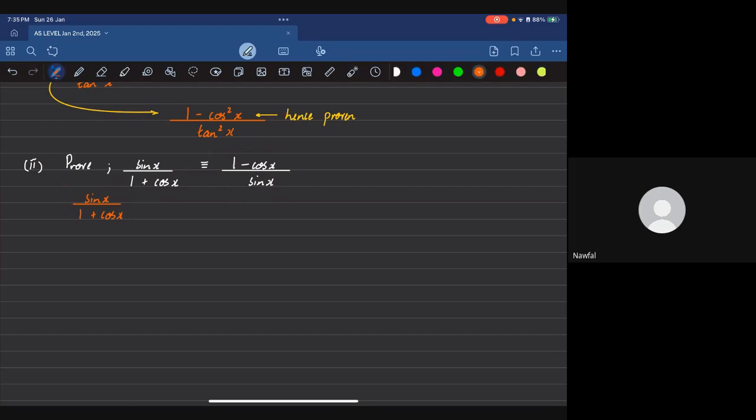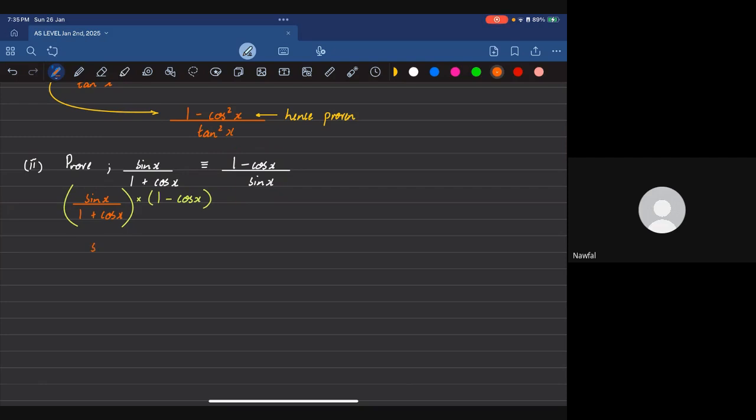So what I'm thinking is, what if I multiply the entire fraction with 1 minus cos x? You know, apply a cheat code. I multiply.